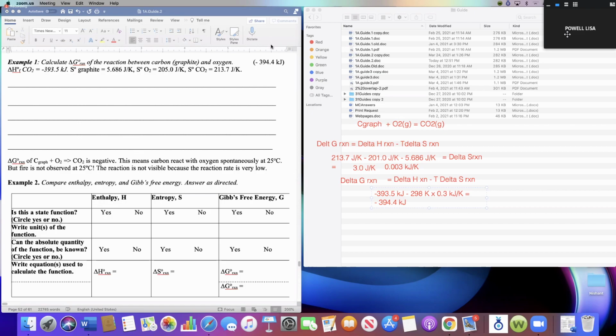Why did you plug in the 393.5 where the delta H RXN should be? I'm confused because I thought that was delta HF, not delta HRXN. In this case, delta H formation is the same as delta H reaction.